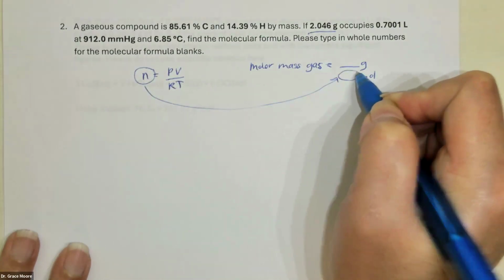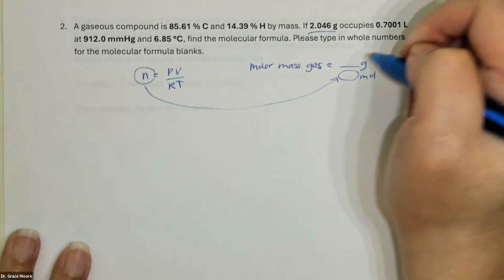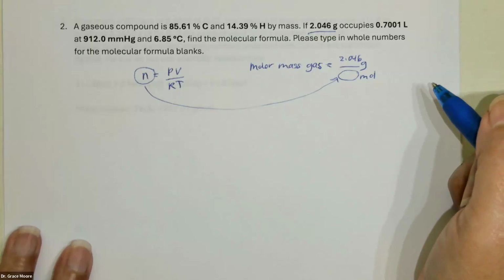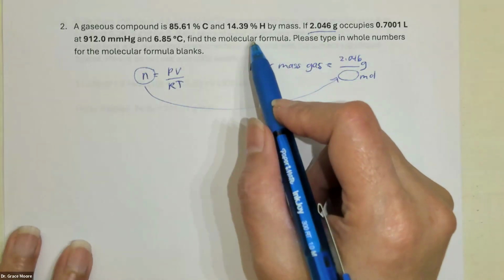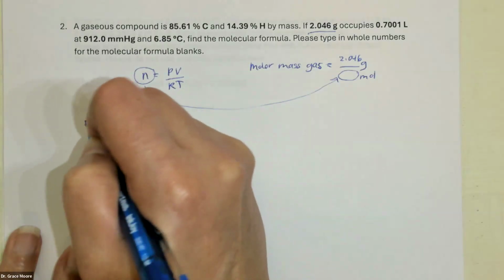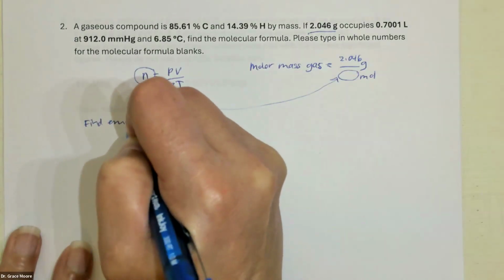That goes there. Okay, and then 2.046 goes there. Once you get your molar mass, you can get the molecular formula if you have the empirical formula. So number 1, we find the empirical formula.